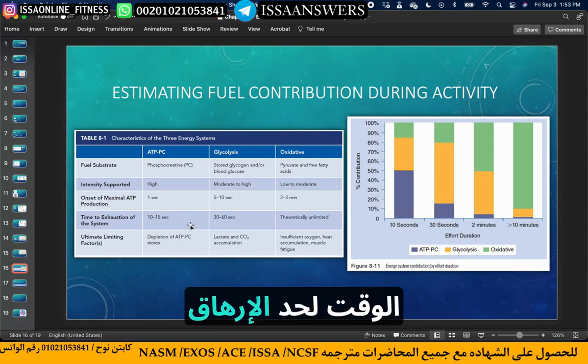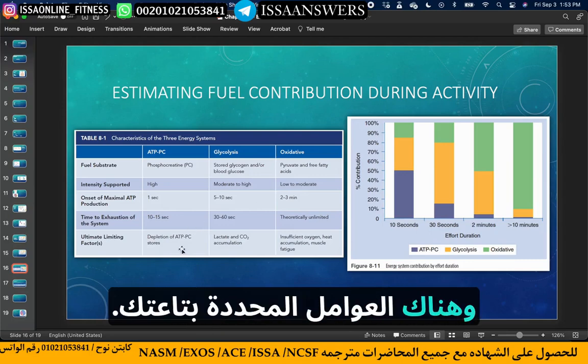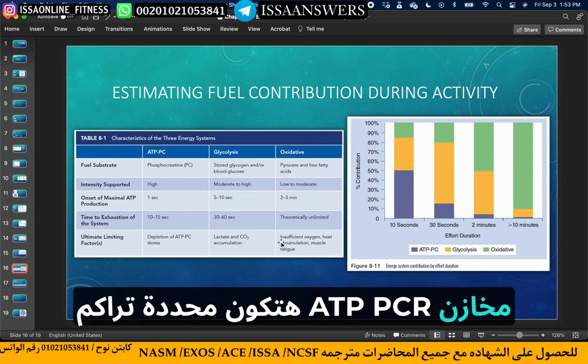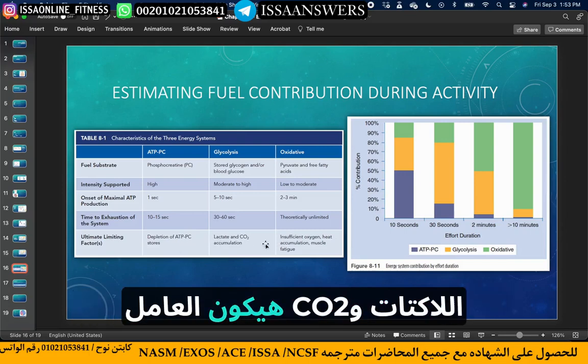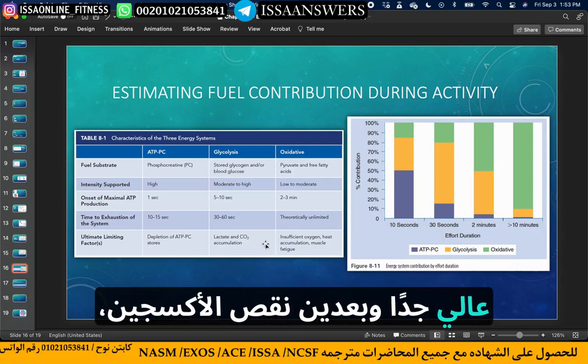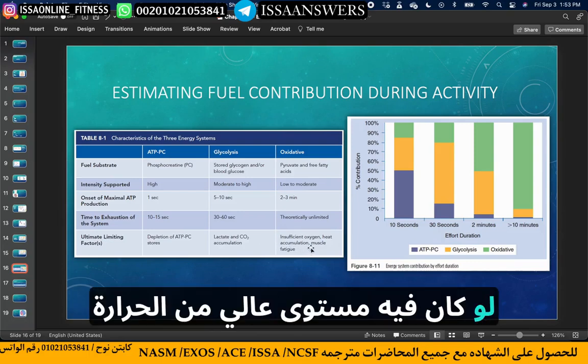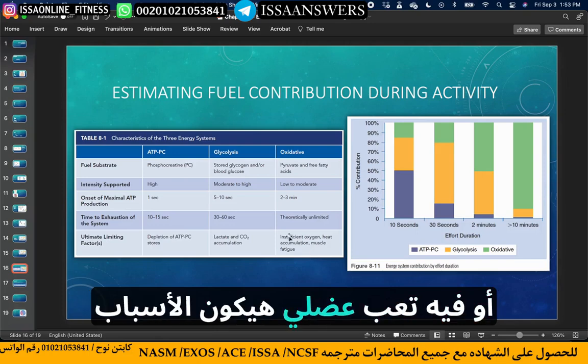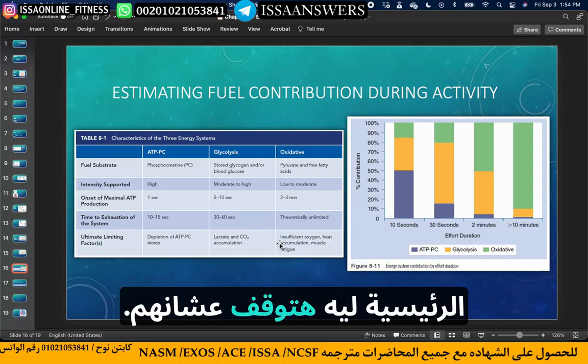Time to exhaustion is dramatically different, and there are your limiting factors. ATP PCR stores are going to be limiting. Lactate and CO2 accumulation is going to be your limiting factor because they build up very high. And then insufficient oxygen, a high level of heat, or muscle fatigue would be the main reasons why you would stop for those.